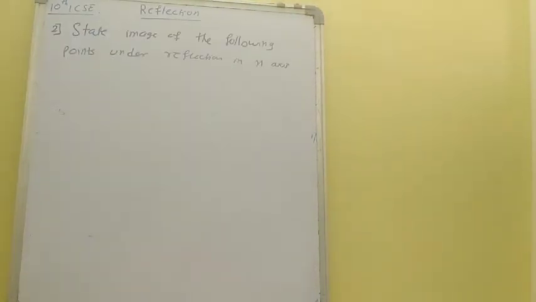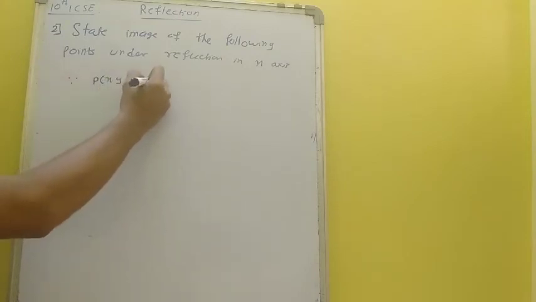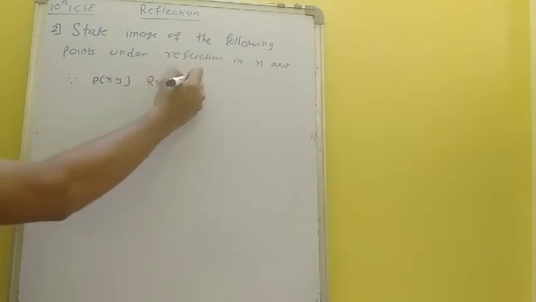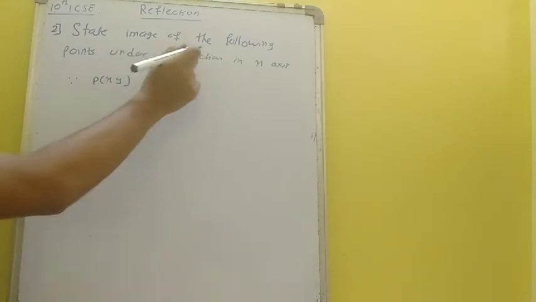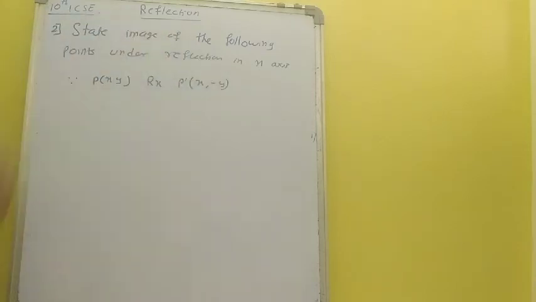Okay, the next question is, state the image of the following points under the reflection in x-axis. Suppose we have a point P x, y and it is reflected in x-axis, so x remains as it is and we will have minus sign for y.